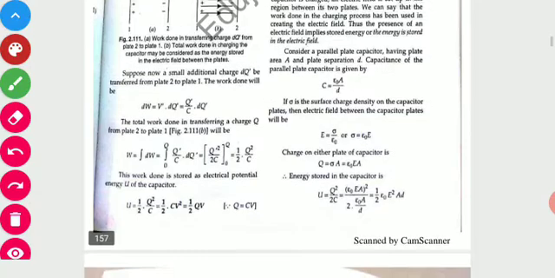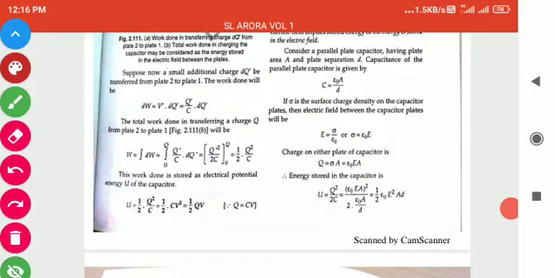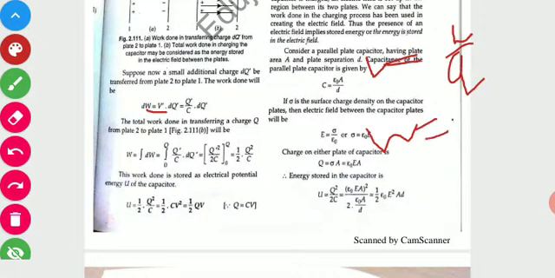Now the small work done, because we know that potential is equal to work done upon charge, so work done will be equal to potential into charge. So dW is equal to V dash into dq dash.